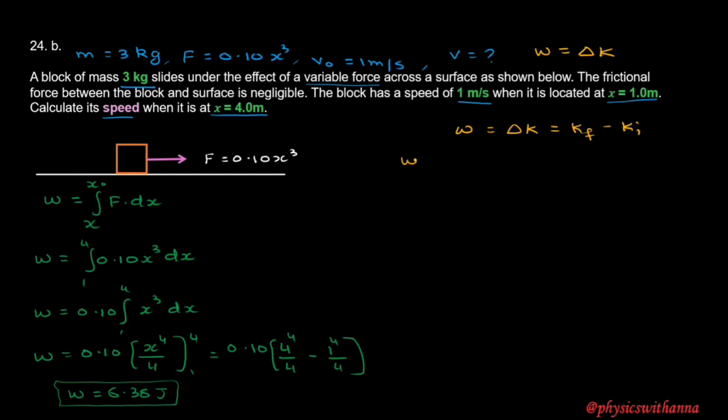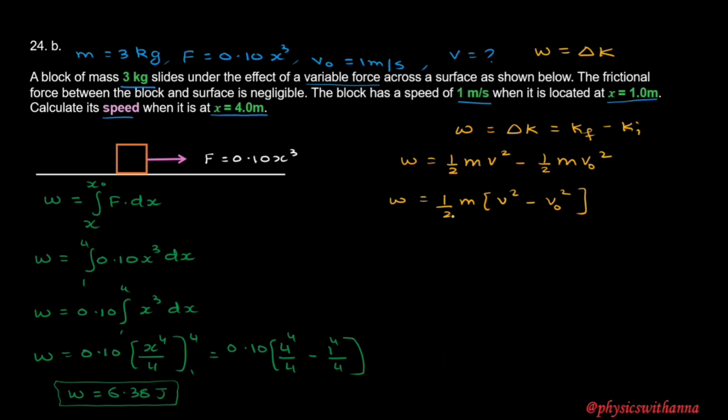So work done will be equal to final kinetic energy, which we will write as half m v final squared, minus initial, which will be half m v initial squared. Take half m as common from both the terms. So half m times v final squared minus v initial squared.